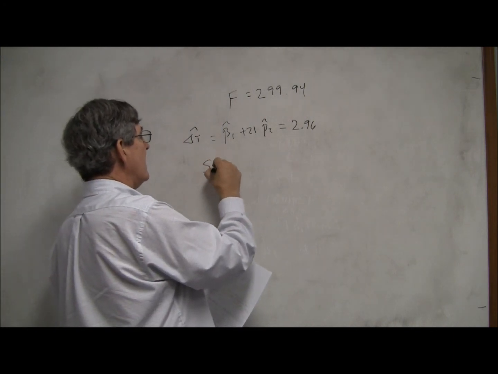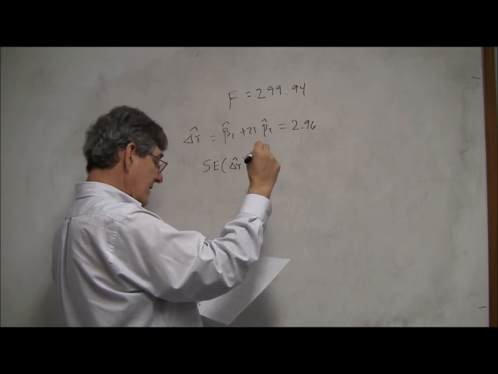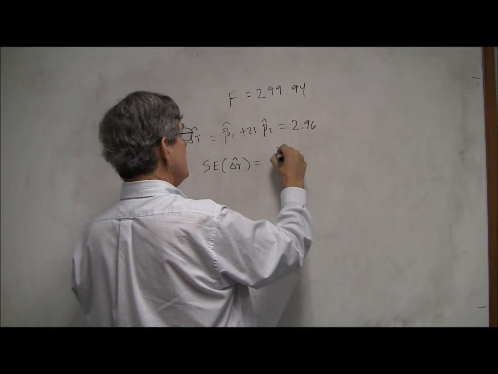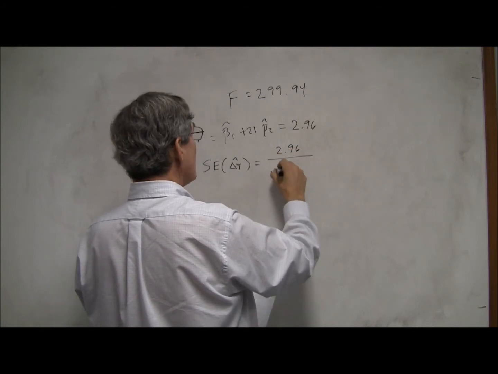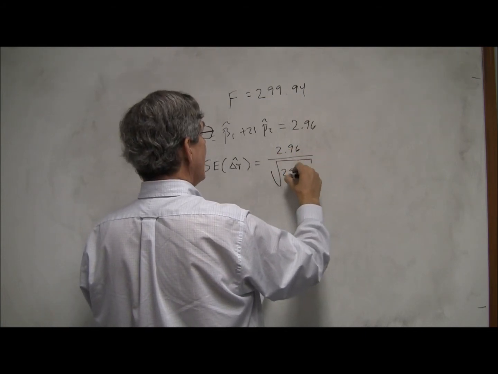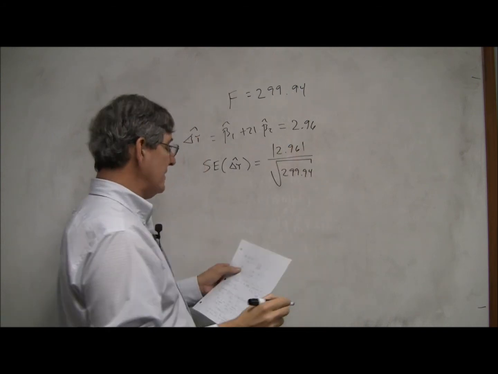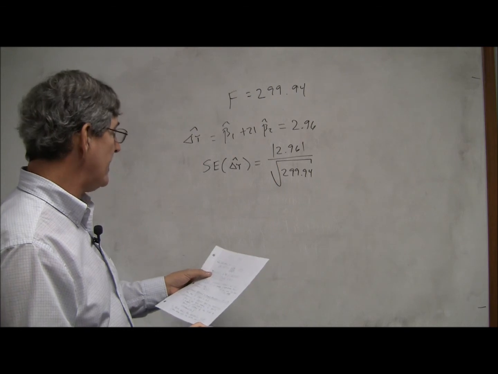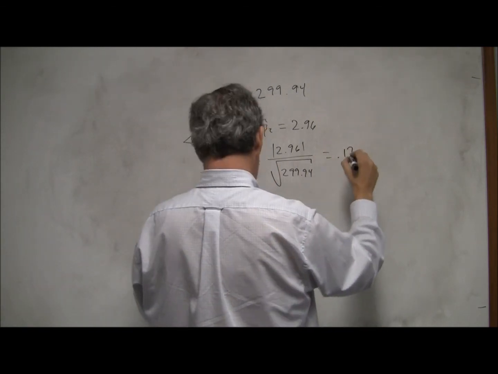Okay, so that's everything we need to get the standard error. The standard error of delta y hat in this nonlinear model is then 2.96 divided by the square root of 299.94. Technically that's an absolute value, but since it's positive it doesn't really matter. And that turns out to be 0.17.